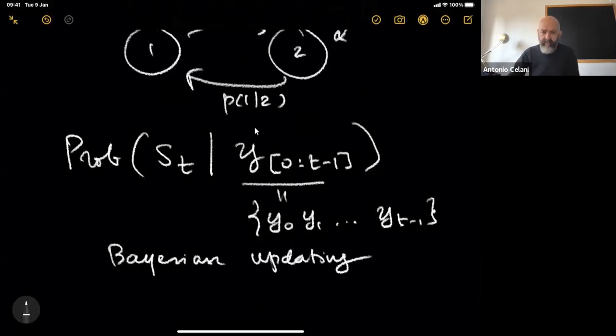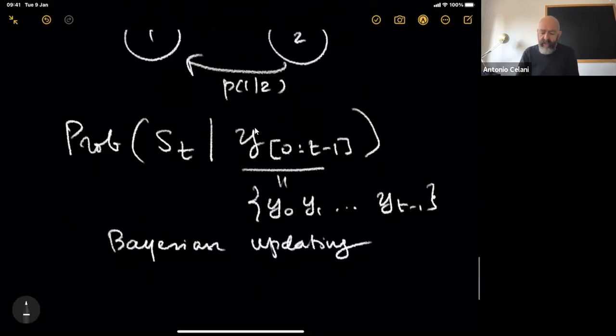Okay. So the key object we are looking for is this one. Now we're going to go through a series of steps slowly in order to derive a rule which allows us to construct these probabilities sequentially.